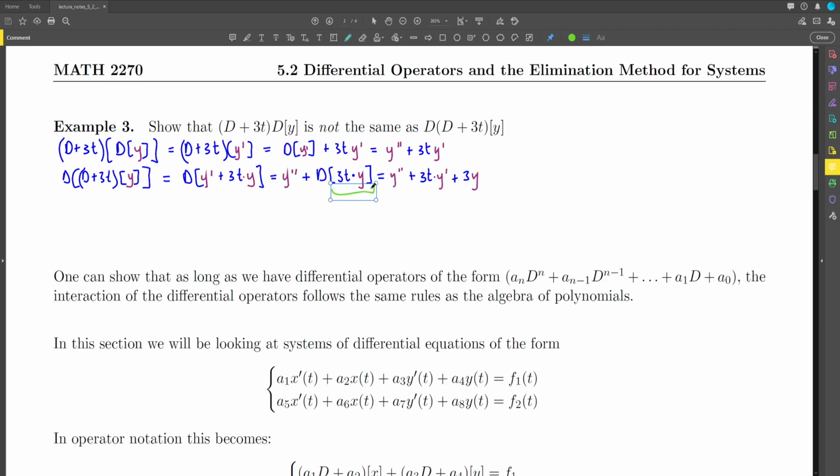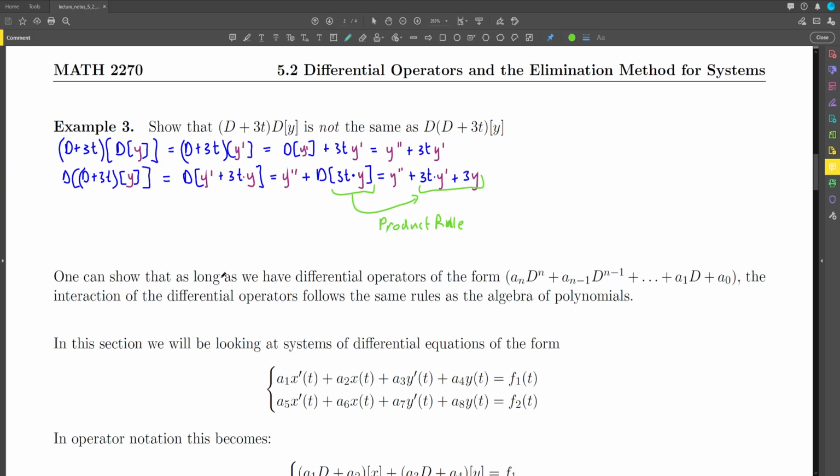So this right here needs a product rule. So that gives us this right here. Now, what you see here is that these two outcomes are not the same, because the second part has a 3y that the first part does not have.